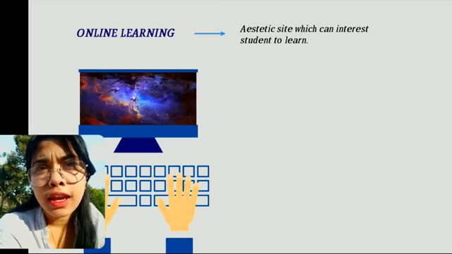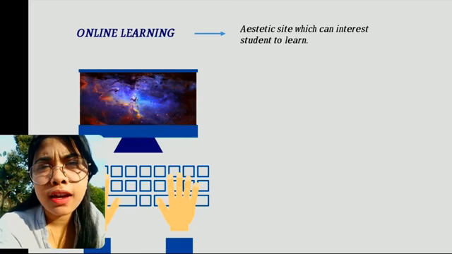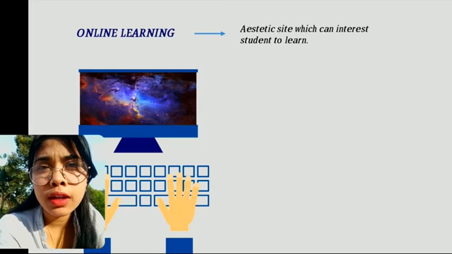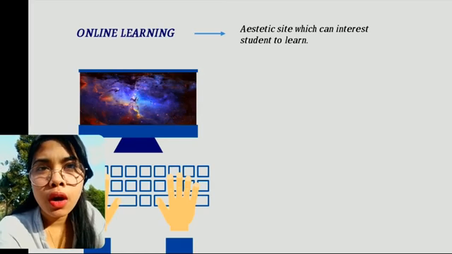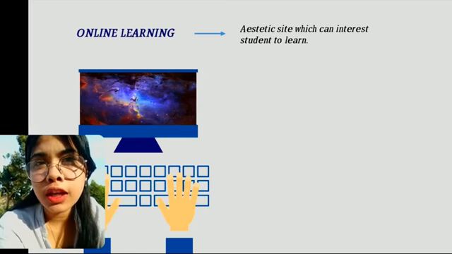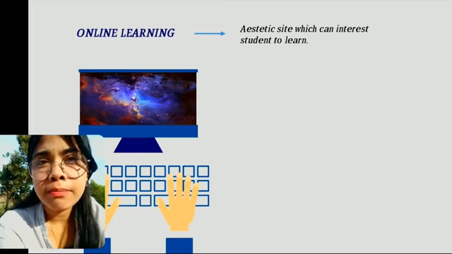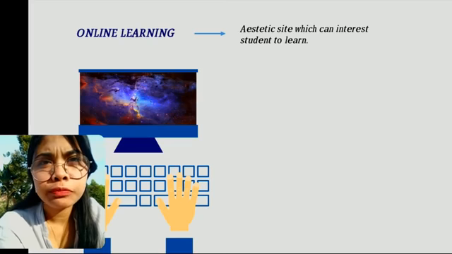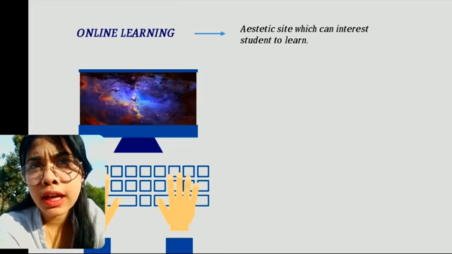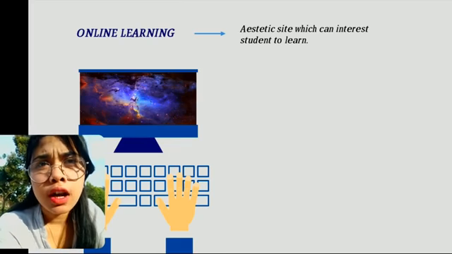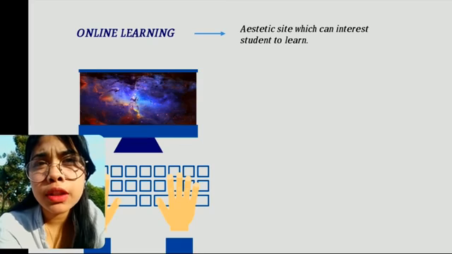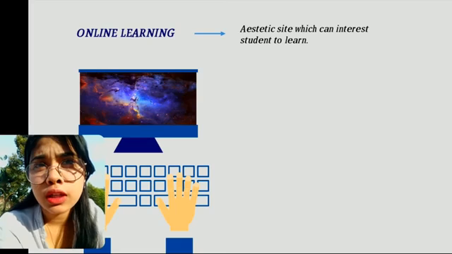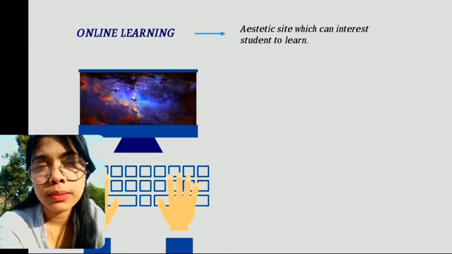It is believed that the appearance of the online learning is as important as the content in it. And online learning is different from printed learning because online learning must be able to persuade the student to be interested in learning.